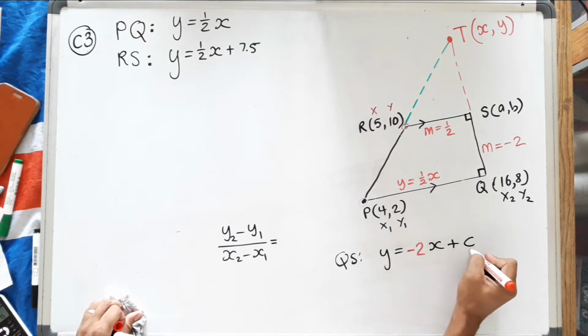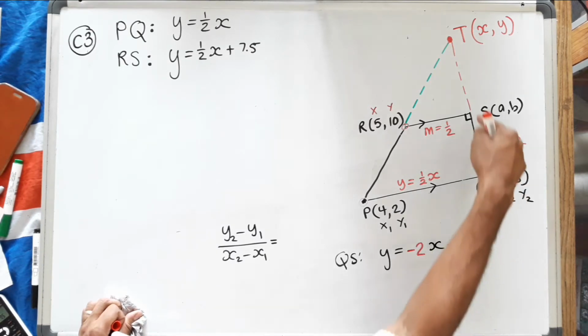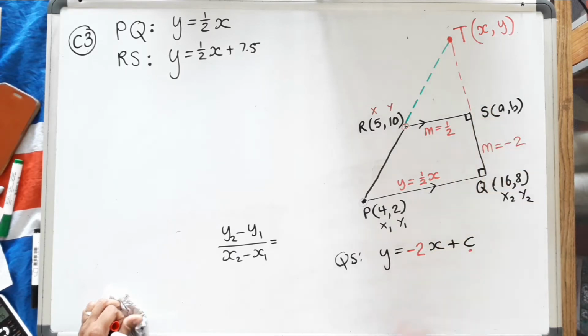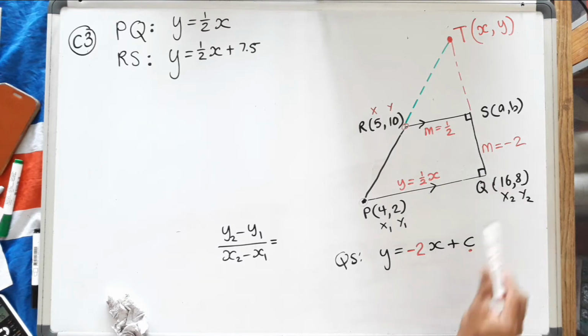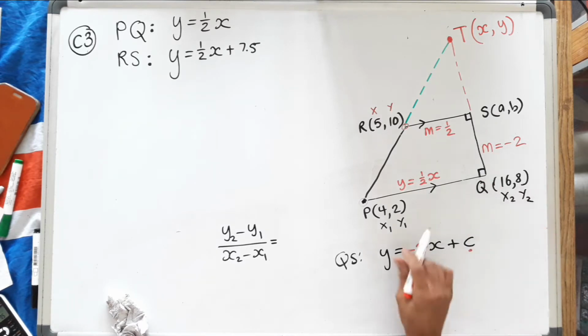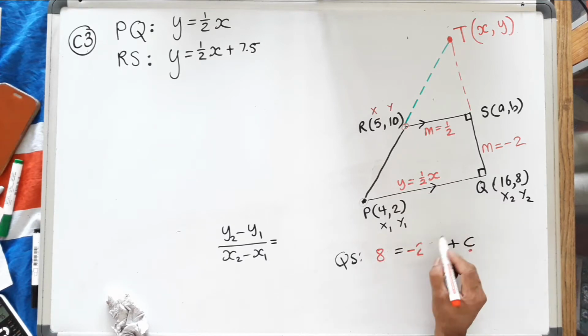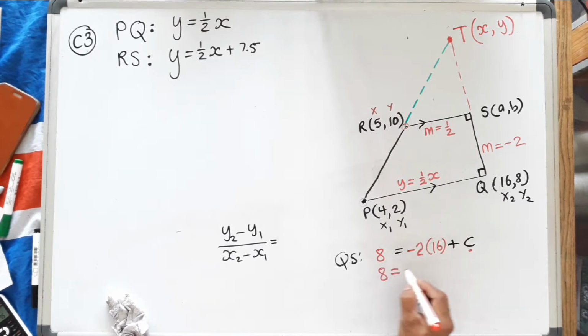So we just need to find c. To find c, we need to choose one point on this line. S is really not a good choice. Q has numbers. So go and replace y with 8 and x with what? 16. Let's solve for c.